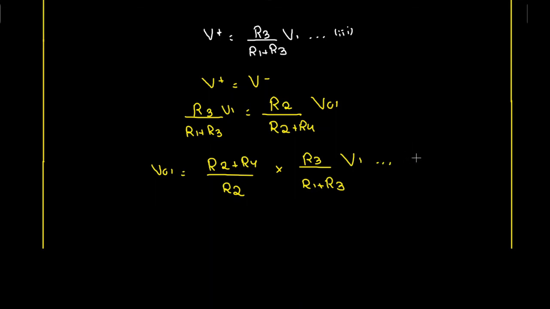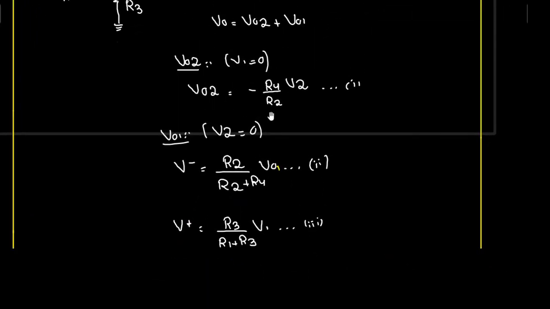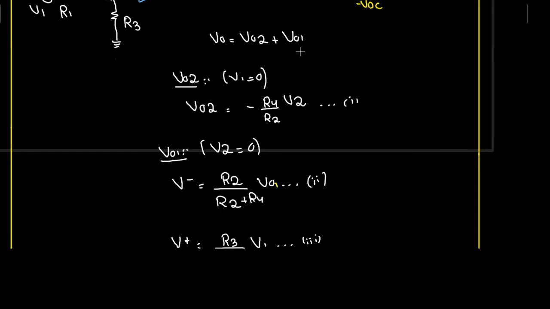Let me name it, for example, equation B. So now we have VO1, and we also have VO2, which is minus R4 divided by R2 into V2. Now I am going to place it in, for example, equation A, which is V0 is the sum of these two voltages.